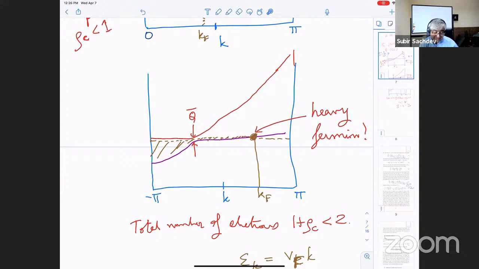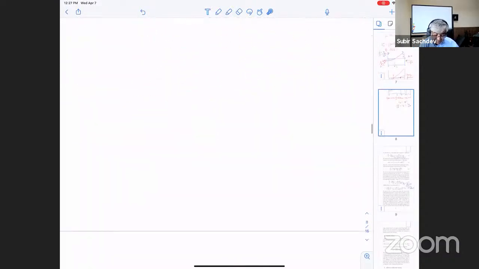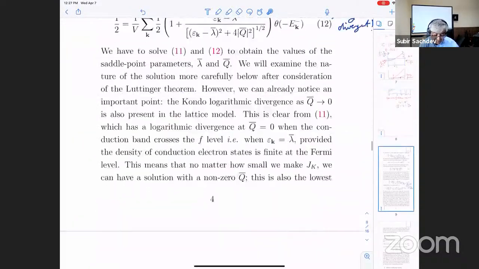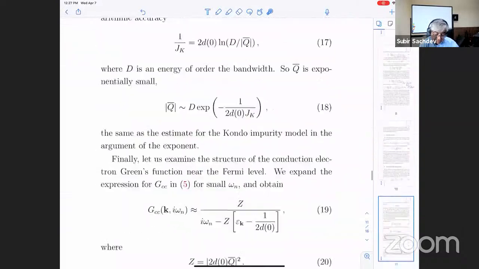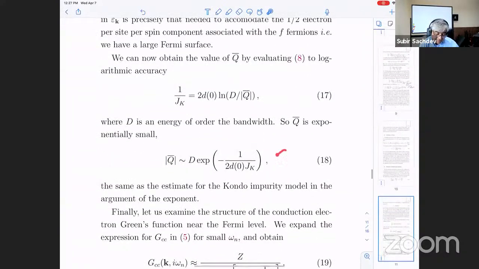So lambda bar is not exactly 0. The F band is close to, but not exactly at, the Fermi level, but it mixes up with the C band anyway. Anyway, Q bar as JK goes to 0 is exponentially small, and it's an expression very similar but not identical to the Kondo temperature.